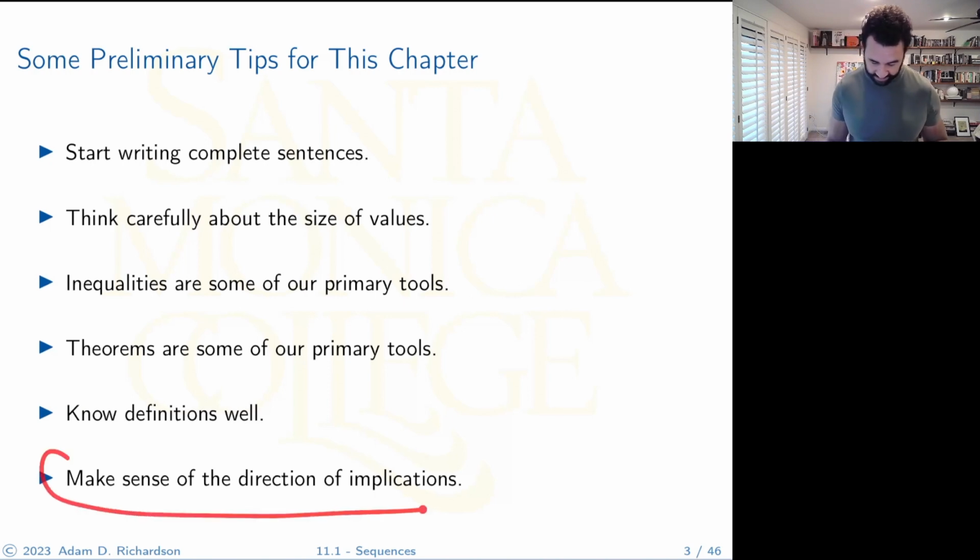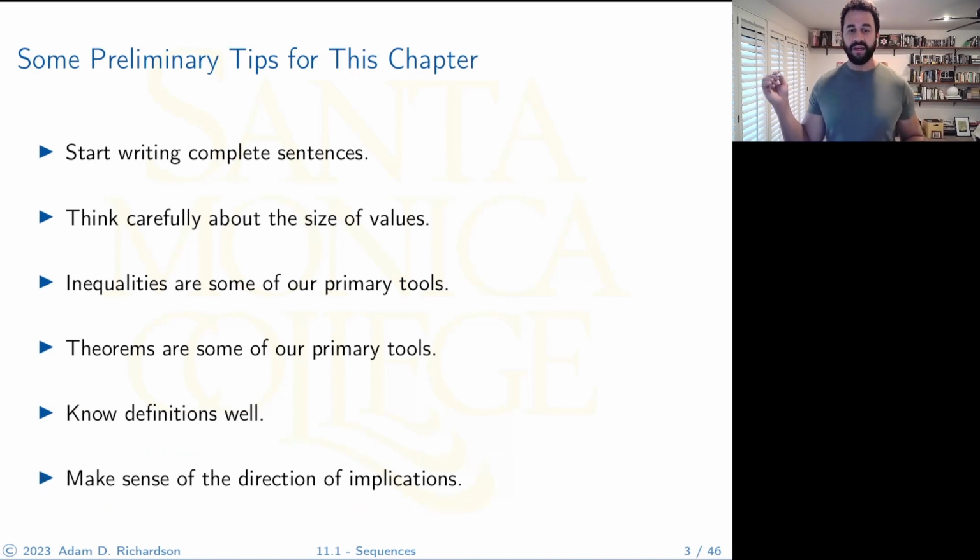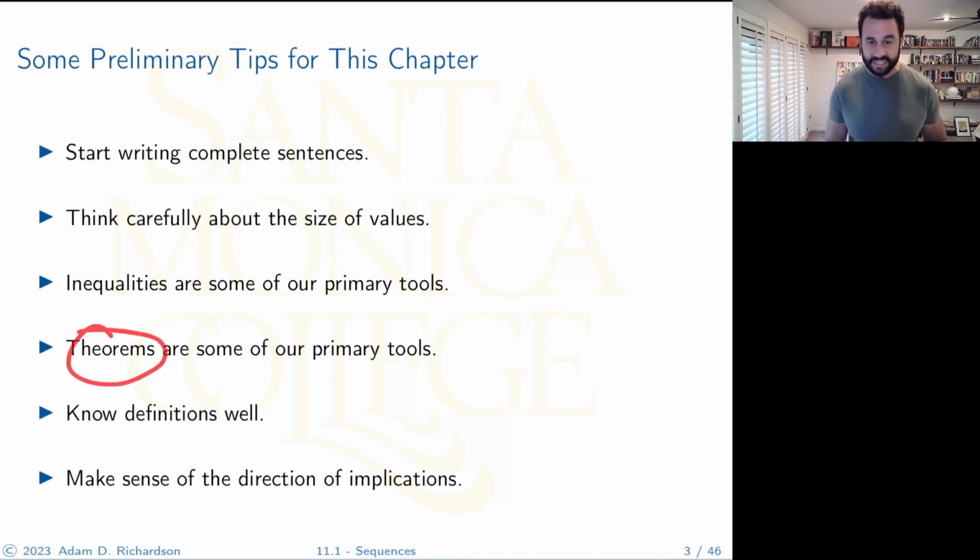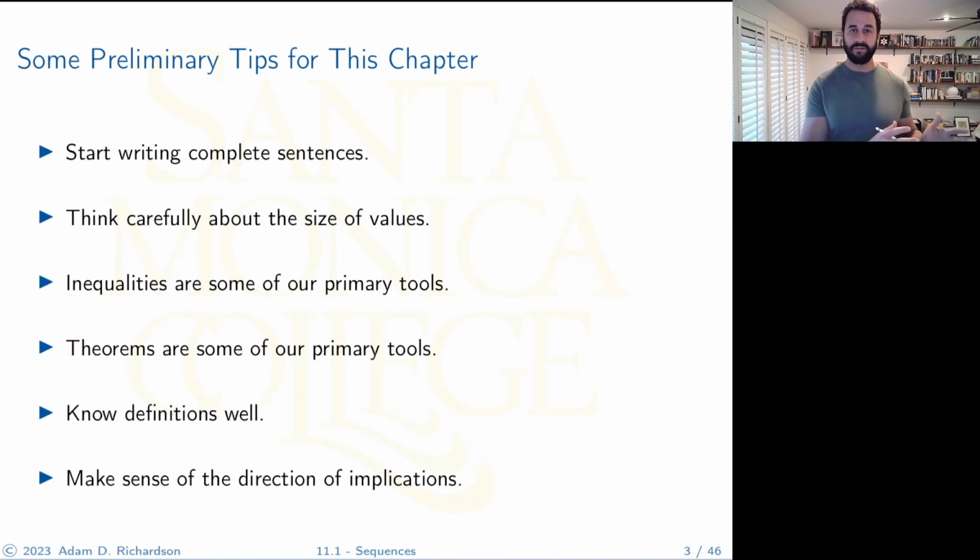And then this is something that I actually talked about in the last lecture I gave on logic. You need to make sense of the direction of implications. So with these theorems, there are hypotheses that we get, and then a conclusion that follows when those hypotheses are satisfied. And there's a direction of implication there.